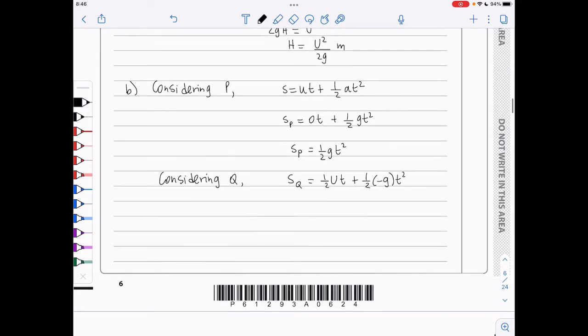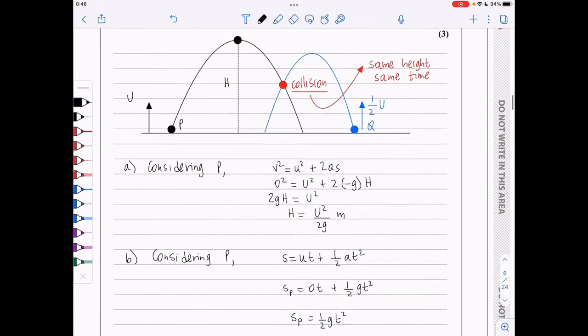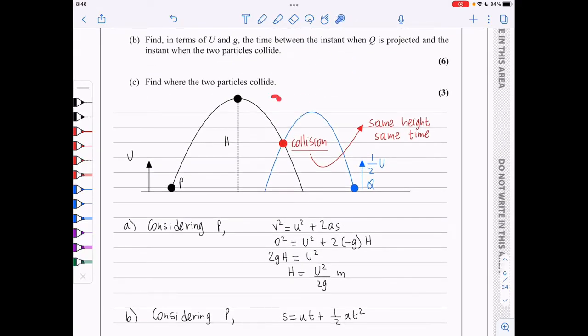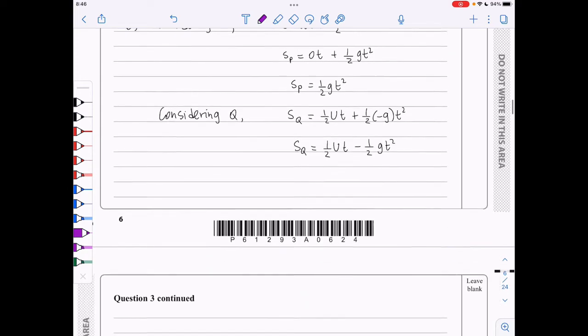So this is just a half ut minus a half gt squared. So looking at the diagram, SP is this distance here. I might as well note this. This is SP, the distance that P has covered, and this is SQ. And it's obvious that the two added up should give me H.